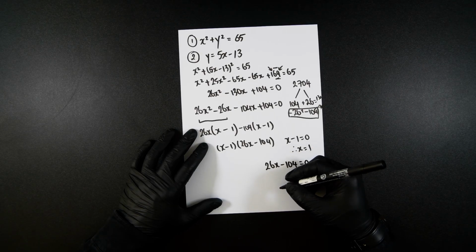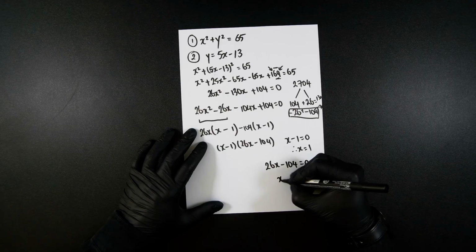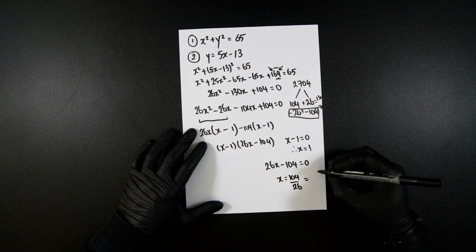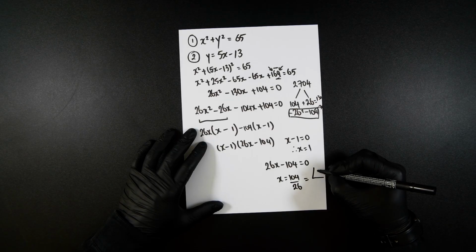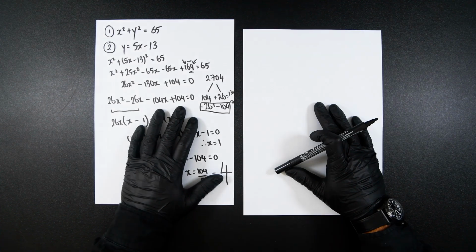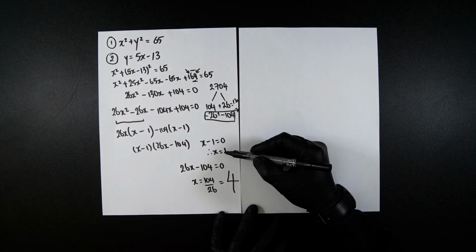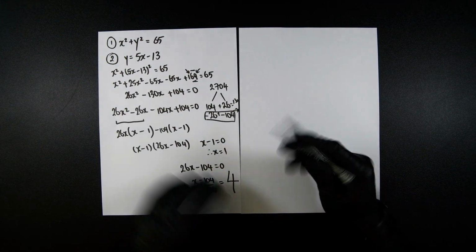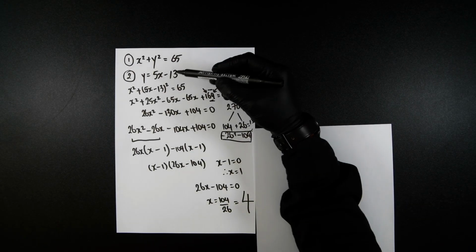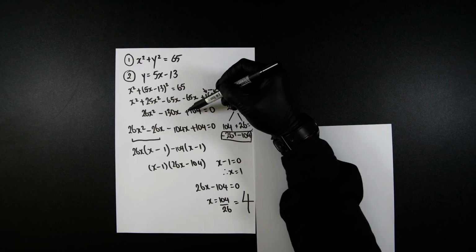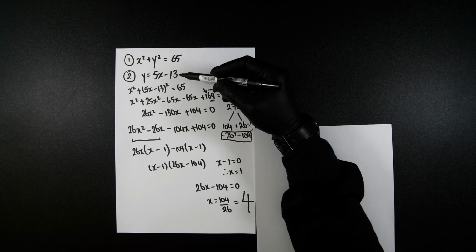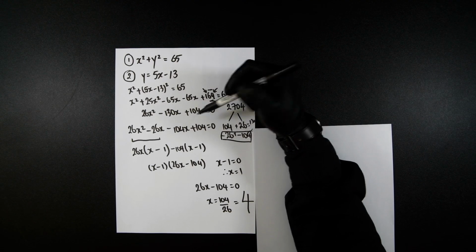That means x would be 104 divided by 26, which is obviously 4. So we've got the values for x equals 1 and x equals 4. We would now just take these values and substitute them into any one of these two equations. Putting them into this equation would frankly be stupid. So let's put them into this one.